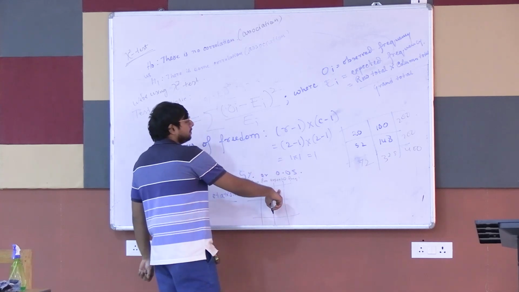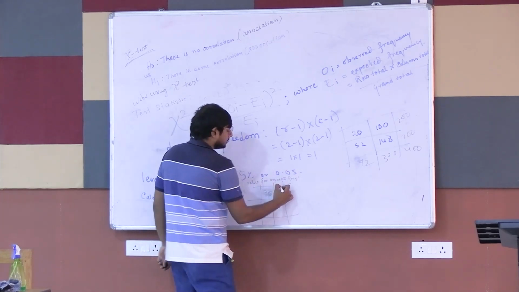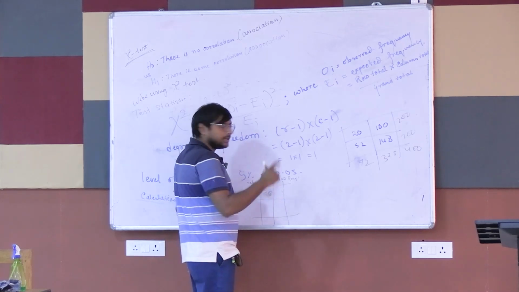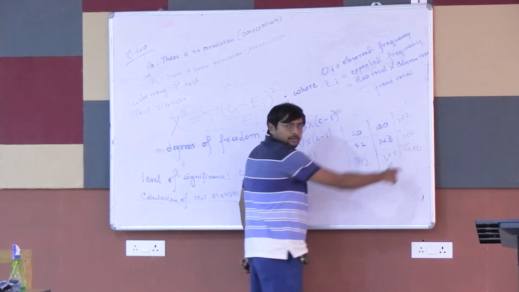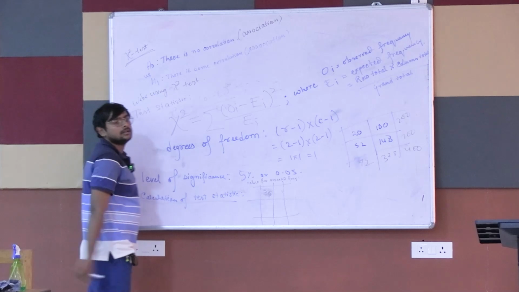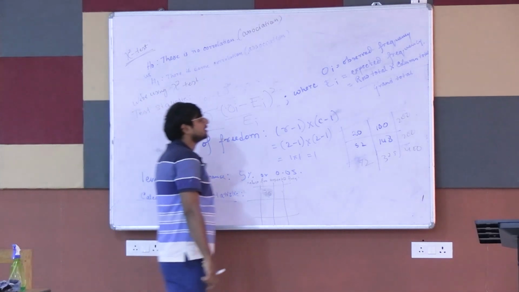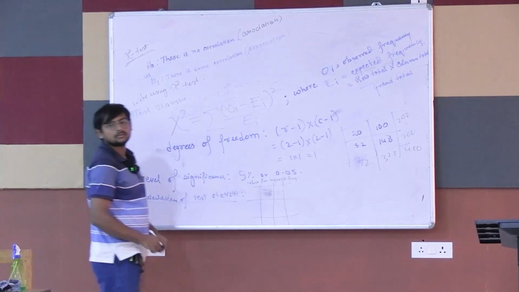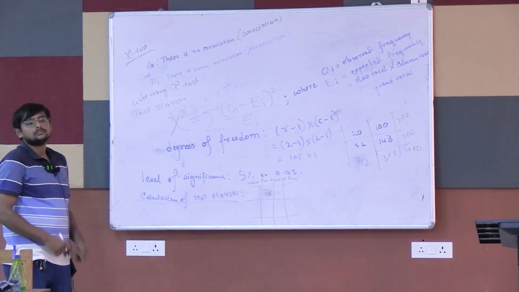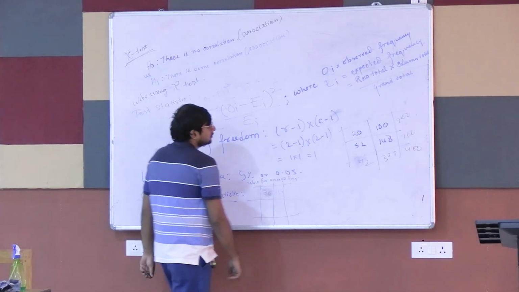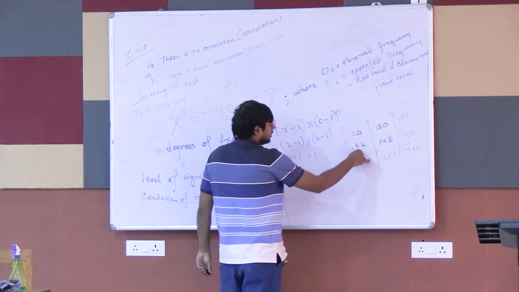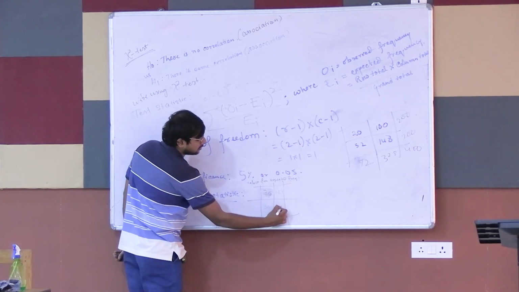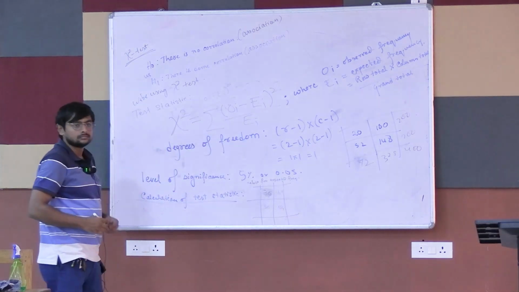How much will this be? 328 into 200 divided by 400. How much will that be? 164. How much will this be? 72 into 200 by 400. 36 again, 164 again. Correct?